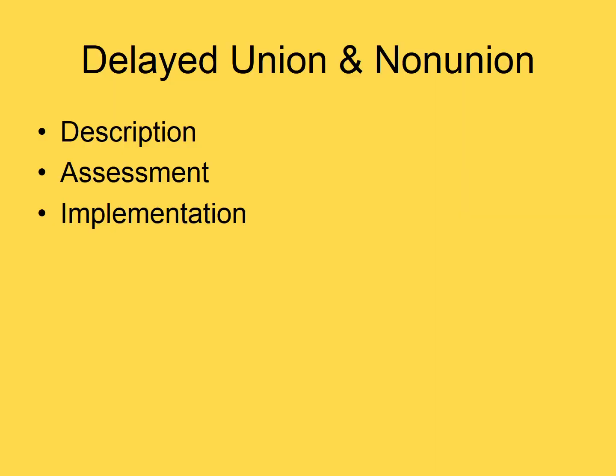Sometimes broken bones do not heal even when they've gotten the best surgical or non-surgical treatment. And sometimes there are risk factors that put the patient at risk for failure to heal. When a bone fails to heal, we call that non-union, right? And a delayed union is when the fracture takes longer than usual to heal.